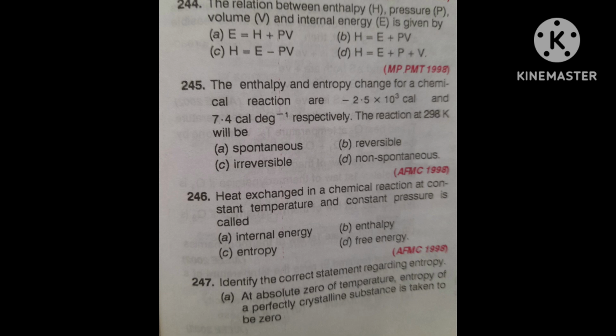First option, E is equal to H plus PV. Second, H is equal to E plus PV. Third, H is equal to E minus PV. Fourth, H is equal to E plus P plus V.